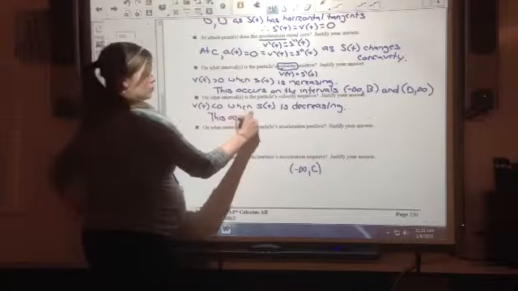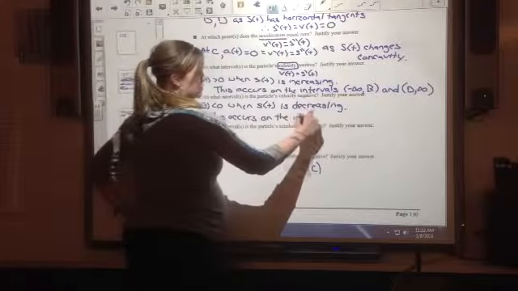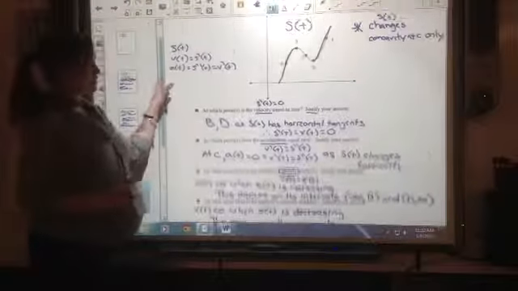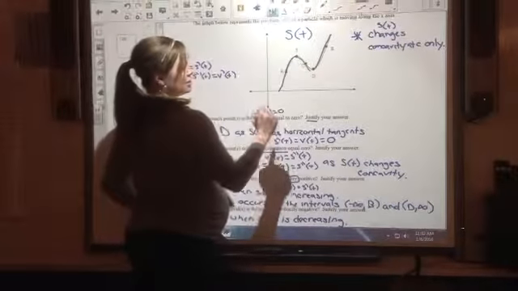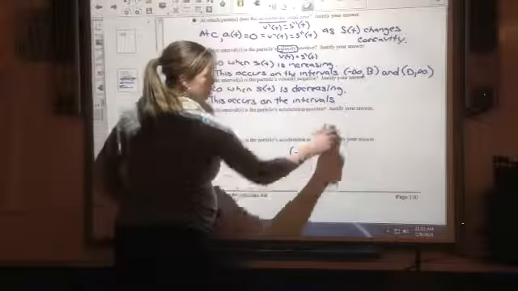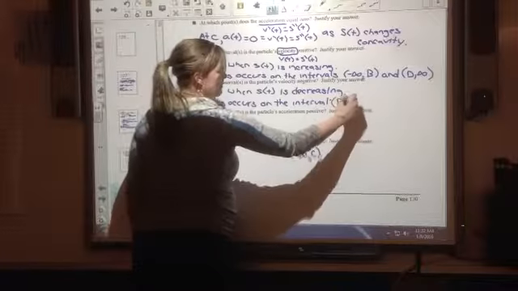This occurs on the interval. This time I'm going to go from B to D, and that's it. So I guess I should have just said interval. B to D.